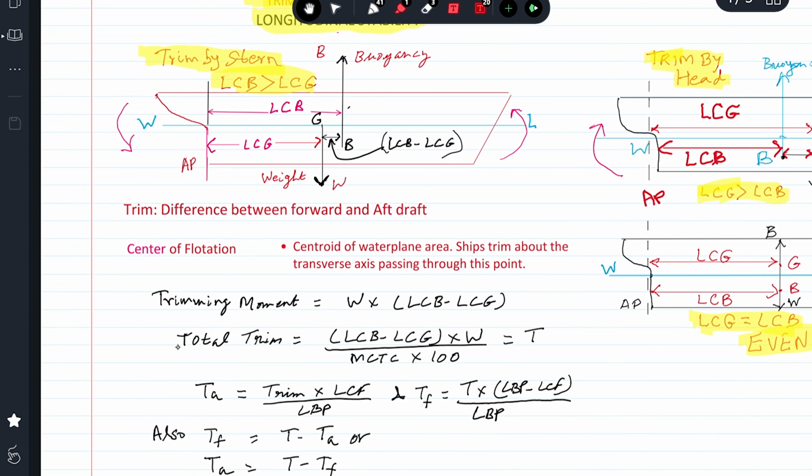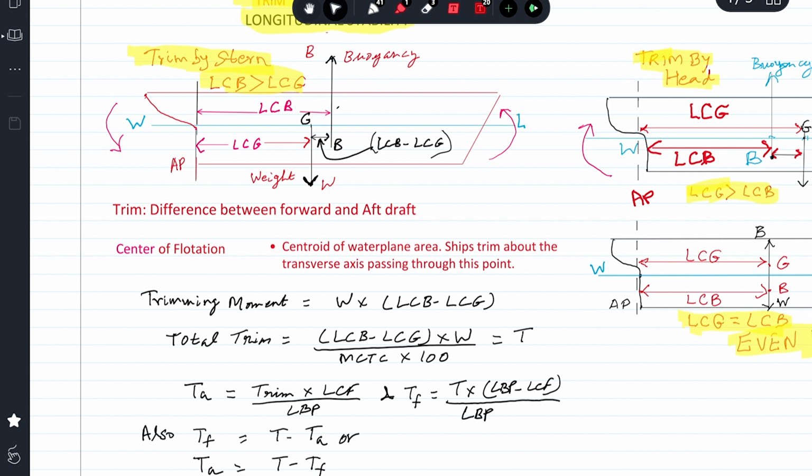So the formula for the trim is equal to LCB minus LCG into W upon MCTC. Here, instead of the total trim, I can put the initial trim of the vessel. They have given you drafts forward and aft, so you can find the trim. Because you have the drafts, you can find the initial hydrostatic draft and the initial displacement.